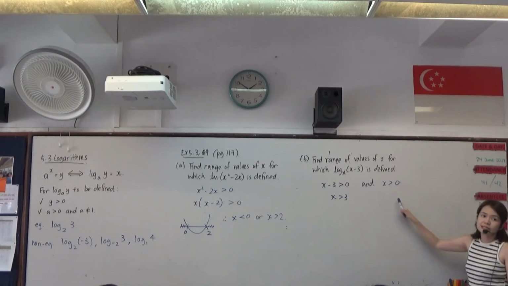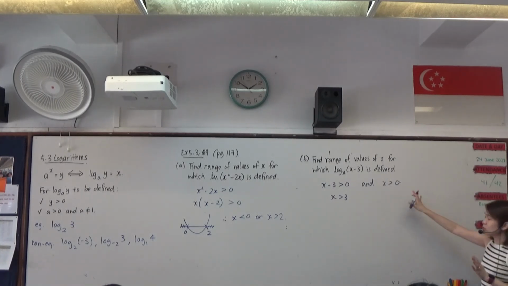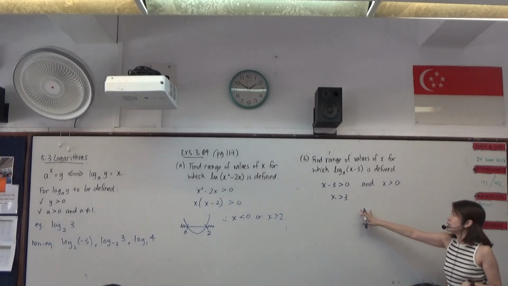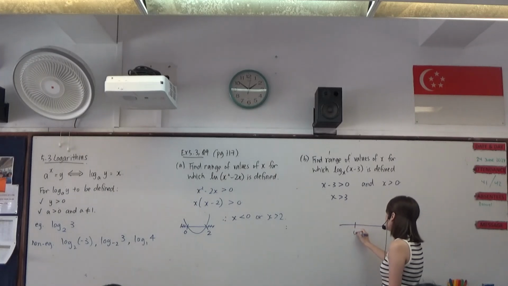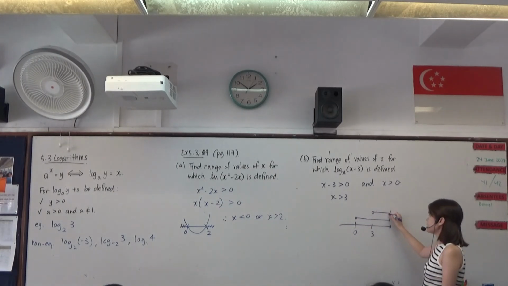And because of this x more than 0, remember your simultaneous inequalities that we are solving in E-Maths. These two inequalities must happen together. So x more than 3 and x more than 0, if you recall from the number line, more than 0 is like that, more than 3 is like that.